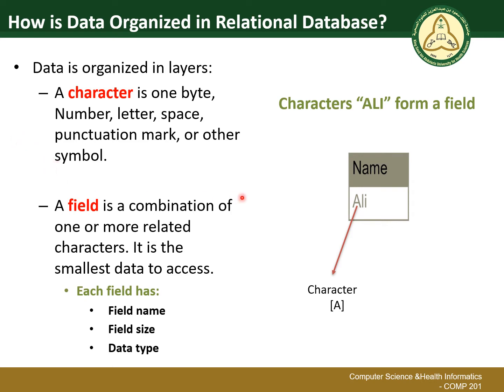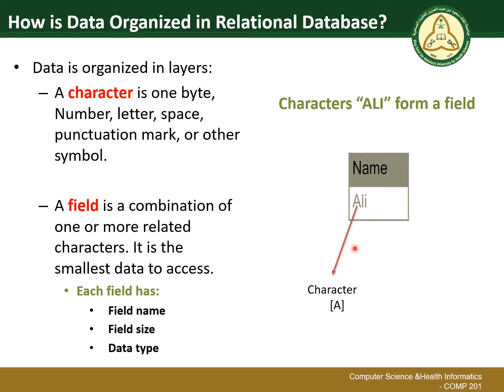For example, the name Ali consists of 3 characters. A is a character, L is a character, and I is the third character.